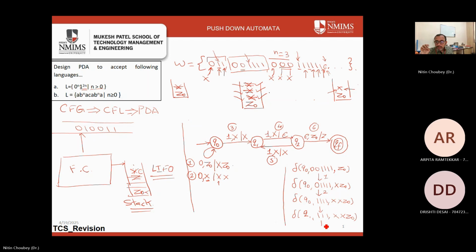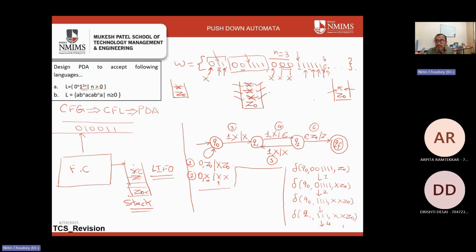Now Q1, 1X, rule number 4 matches with that. The result would be what? 1X will be removed and epsilon will be added.